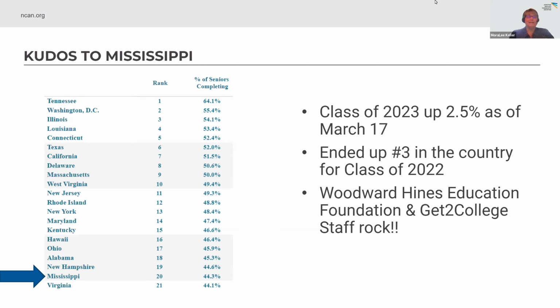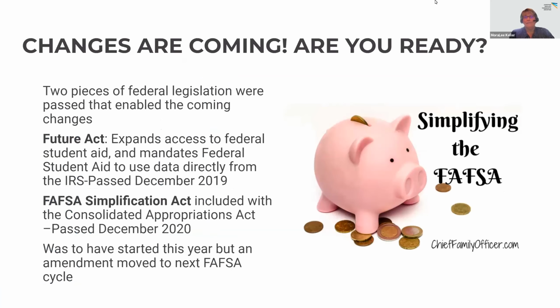So next, please. Okay. We're going to talk a little bit about what caused these changes that are coming. There were literally 2 pieces of legislation at the federal level that were passed that are bringing us to where we're at today. First was the Future Act that was passed in December 2019.